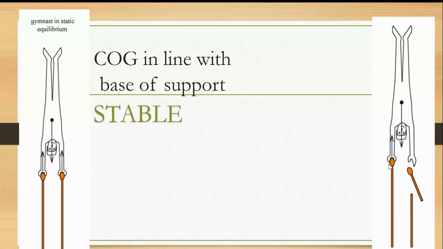So in this case, a beam, and it's gone from two parts on the left, so now only one part. So the base of support is much smaller, but more importantly, the line of gravity is outside of that base of support. So this person is going to find it incredibly difficult to keep themselves in equilibrium. It's going to take a huge amount of muscle and obviously repositioning of their legs in order to stay, but they are unstable because of their line of gravity being outside of the base of support.